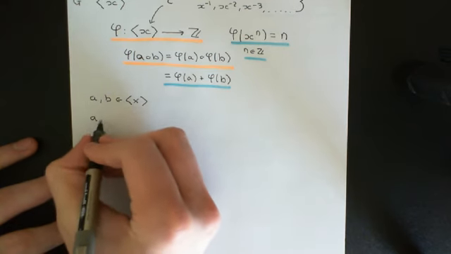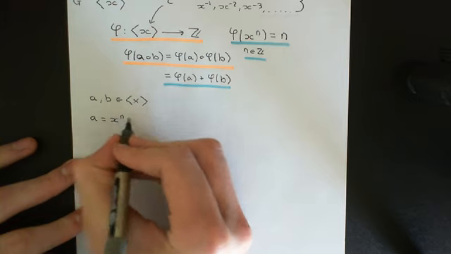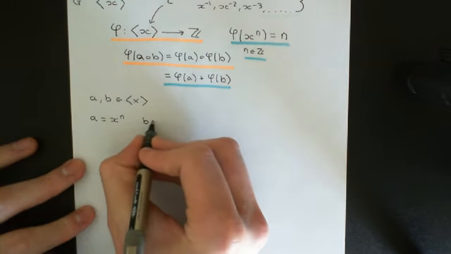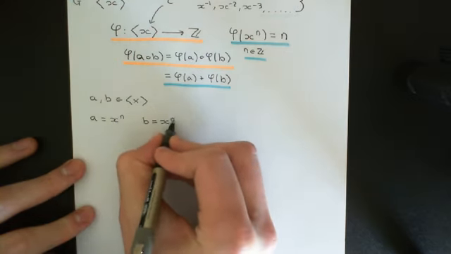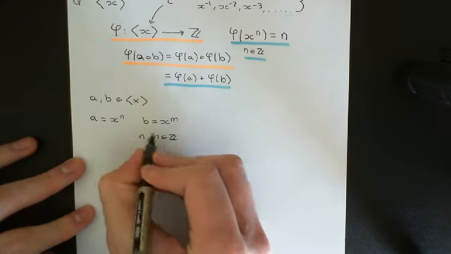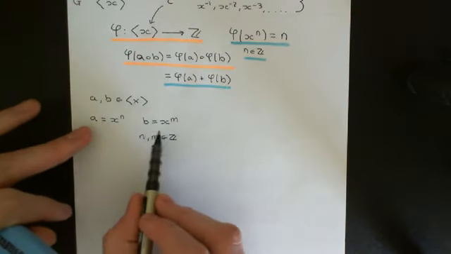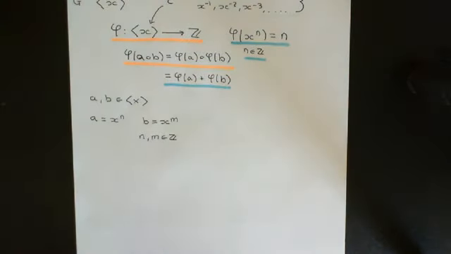So let's say little a we'll call x to the power of n, and little b we'll call x to the power of m, where n and m are some integers. Okay, so little a and little b were just arbitrary elements of this group. Arbitrary elements of this group can be written as powers of x. That's all I've done now.